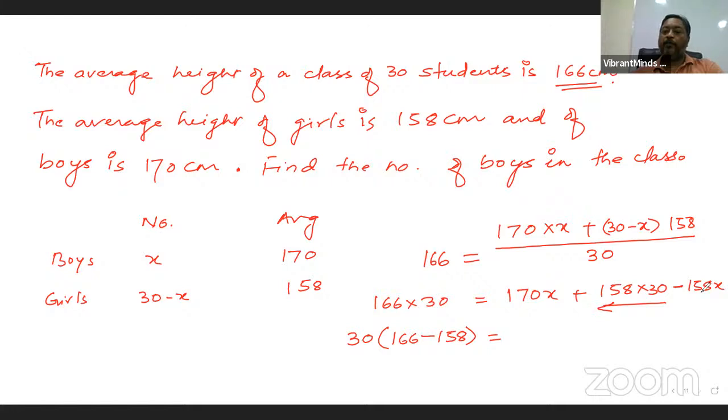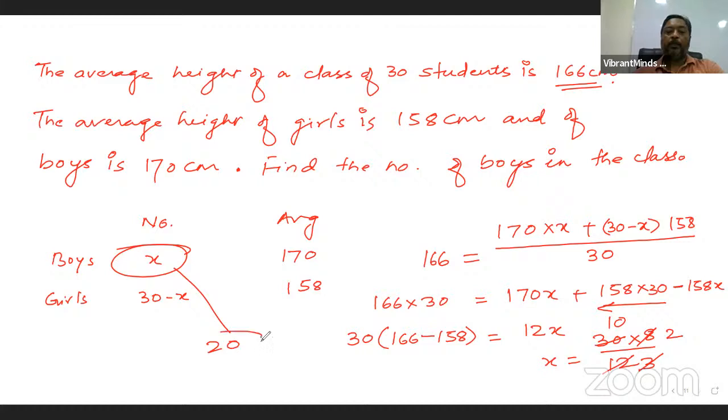And here 170 minus 158 is how much? 12x. Now see, x will be what? So 30 into 8 divided by 12. 4 2s are 8, 4 3s are 12. X is what? 10 into 2. Number of boys will be what? 20.